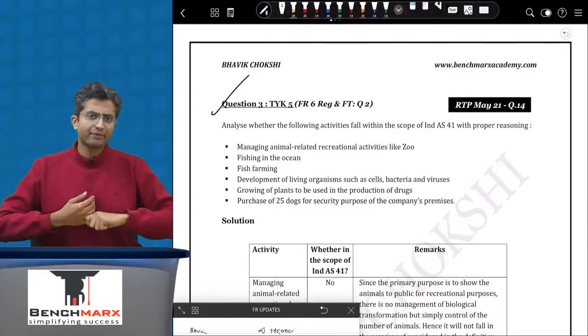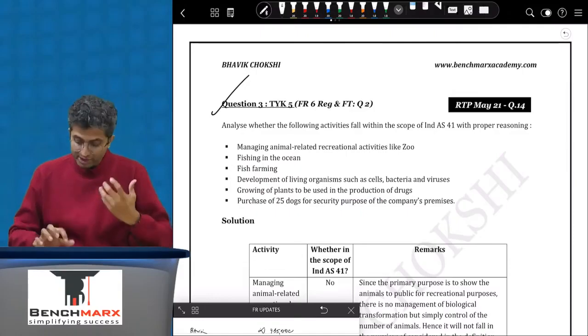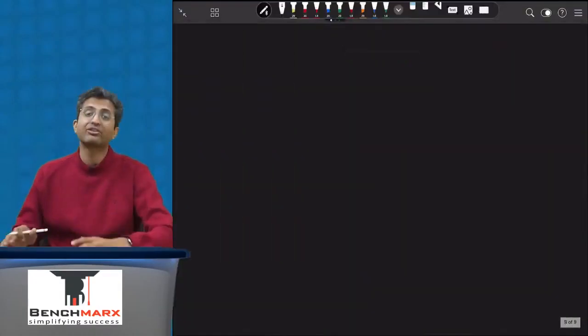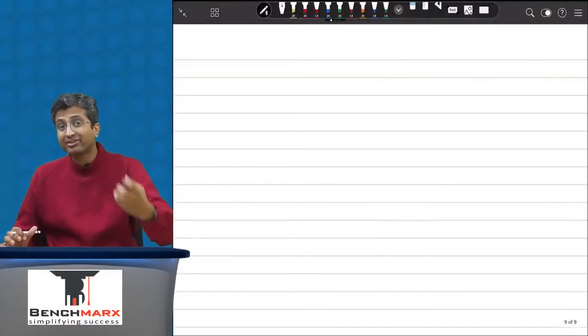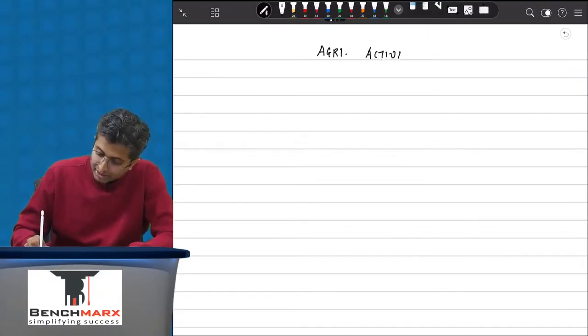Achha. Next you have question number 3, which is a May 21 RTP question, which is based on your understanding of what is meant by agricultural activity and what is the coverage of the standard. So when we look at the definition, agricultural activity refers to two things.